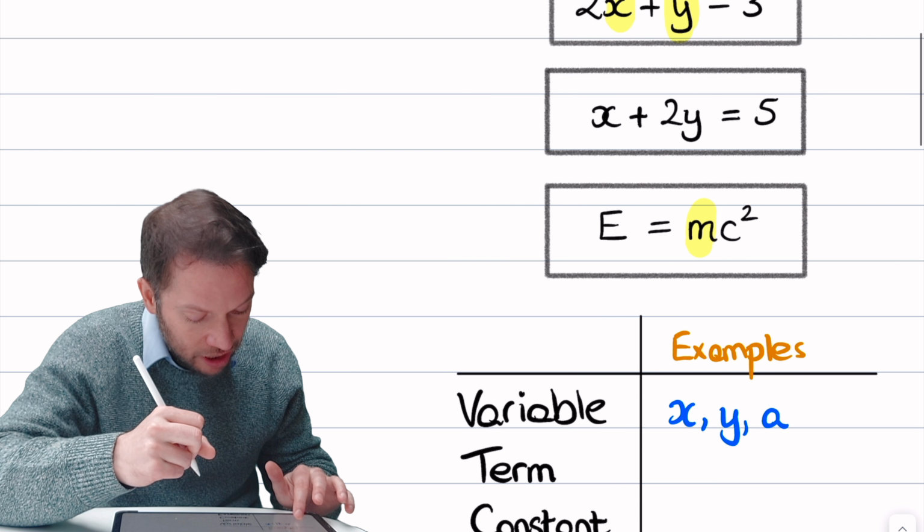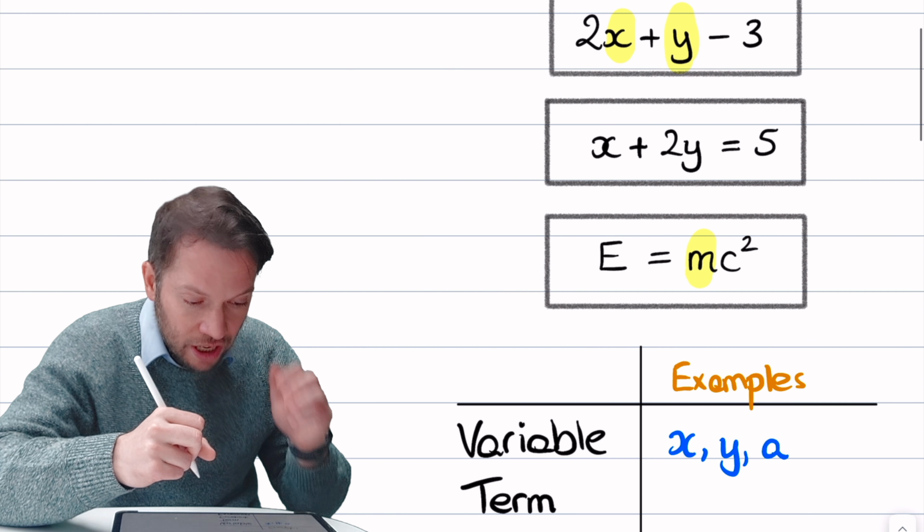What about term? Now, a term is basically some numbers and variables, some numbers and letters kind of together in one to form a term. So, for example, like the 2y here, that is a term. 2y actually means two lots of y. We'll explore that in future videos.